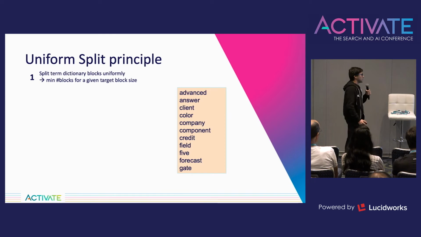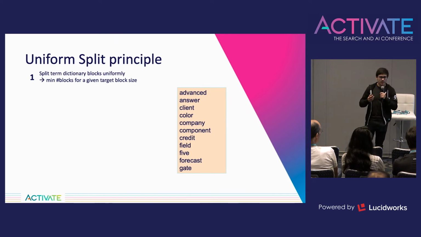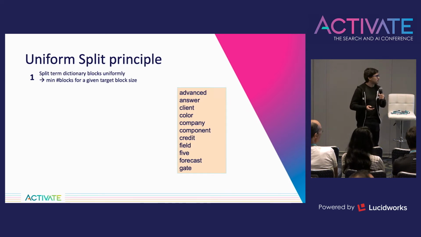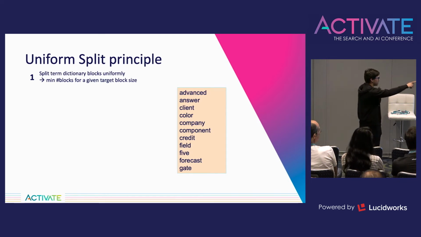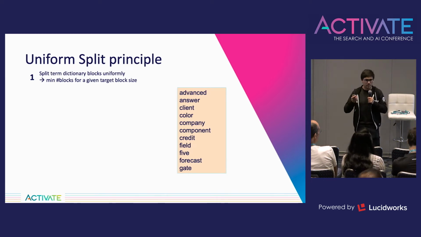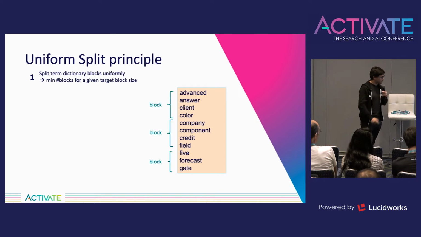So what is UniformSplit? UniformSplit is a technique to write the inverted index. In order to explain that, first, we should remember that to access terms in the dictionary, Lucene stores them in blocks in order to reduce search space, to be more efficient at lookup time.